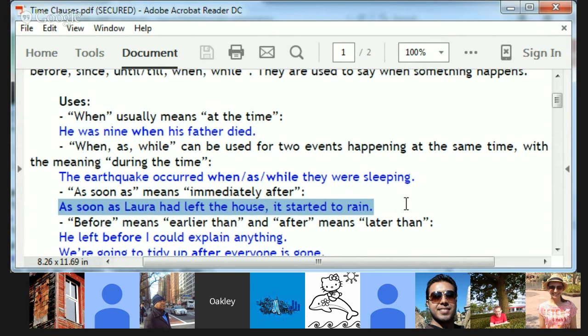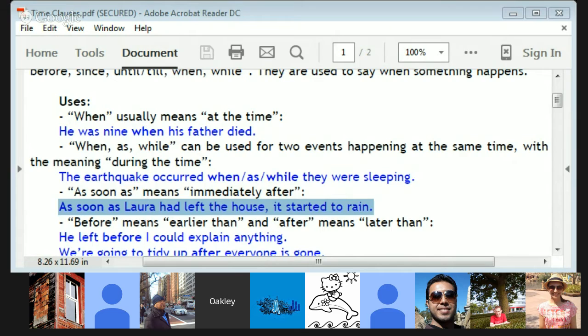Okay, let me have Talha. Can you create me a sentence using as soon as? As soon as lesson had been finished, I went to my home.